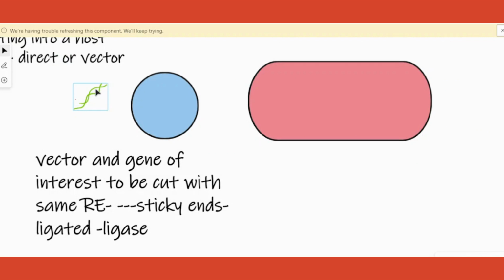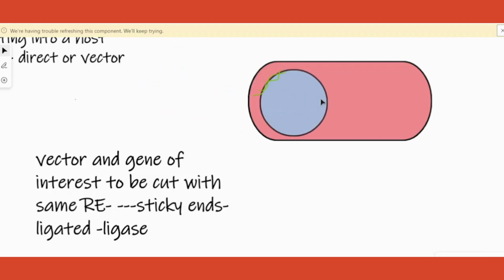So this is your gene of interest, which I have cut with restriction enzyme. This is the plasmid. So I integrate the gene of interest onto the plasmid. This whole thing I transfer into my host. So what is this host now? Host has got a recombinant DNA. So we'll call this host a recombinant host. Clear?